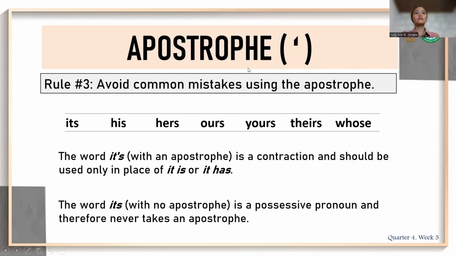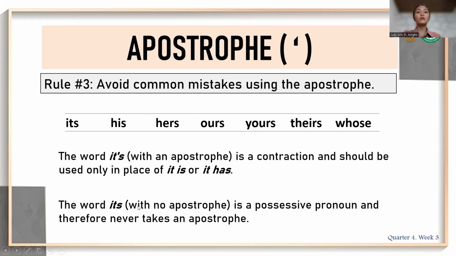Next rule, which is the last rule in apostrophe, is to avoid common mistakes when using the apostrophe. We have here different forms of the possessive. The word it's with an apostrophe should be used only to replace it is or it has. Always remember that it's with an apostrophe is a contraction for it is or it has.